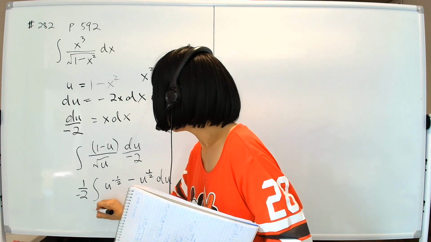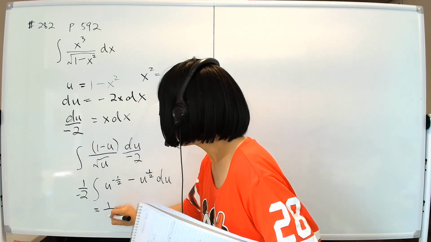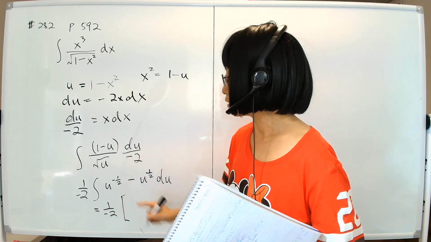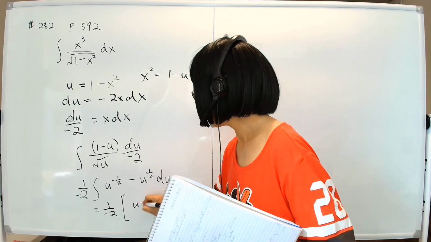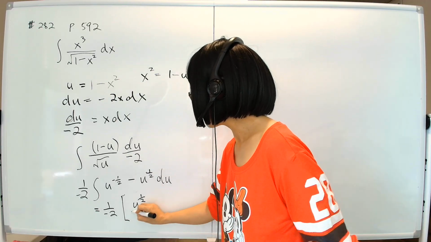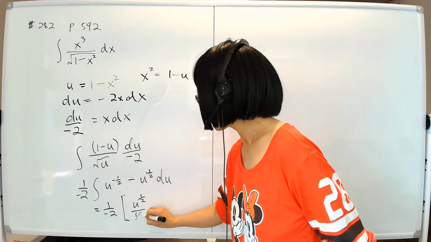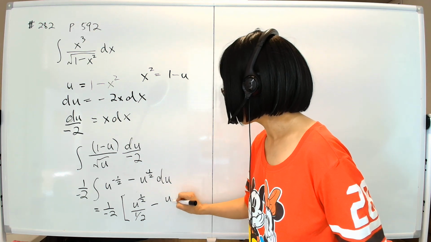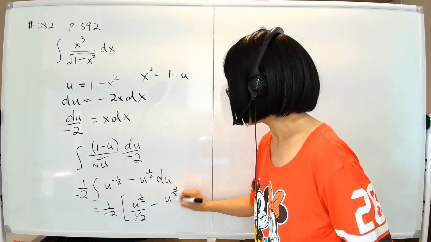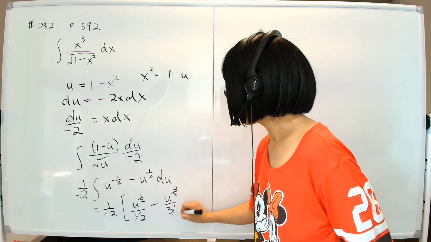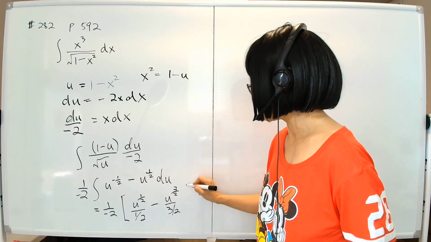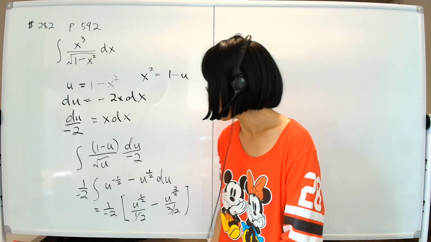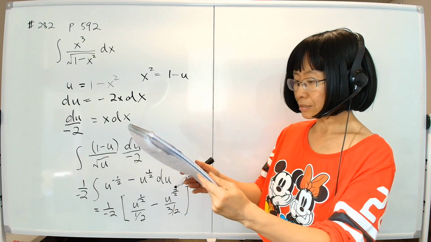And then now we'll do the integration. Raise the power by 1. That becomes u to the 1/2 divided by 1/2, and then minus u to the power 3/2 divided by 3/2. Okay, raise the power, divide by whatever the new power is. And then, okay, so that's that. So we're doing pretty good.